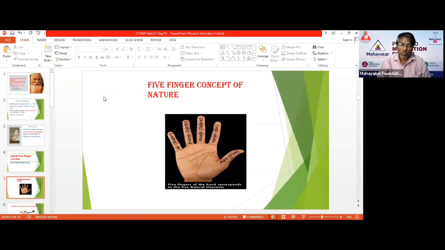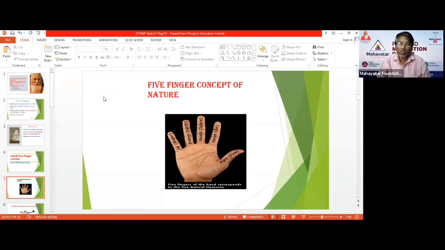It's very, very important. We try to understand this, and we also practice mudras. In the mudras, what happens? If any element gets imbalanced, the imbalance will be corrected using one particular mudra.